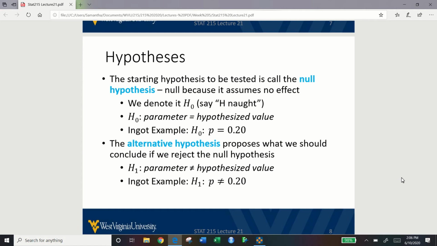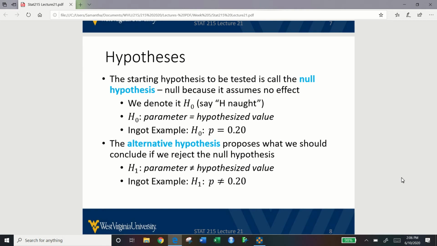The alternative hypothesis, our second line, proposes what we should conclude if we reject the null hypothesis. In other words, we would write this as capital H sub 1, or H1, colon, our parameter of interest.